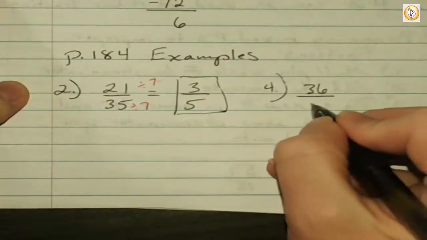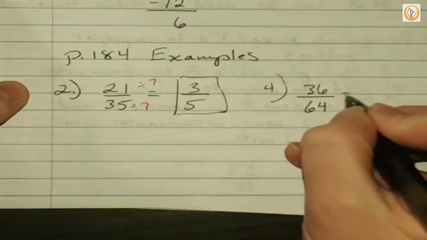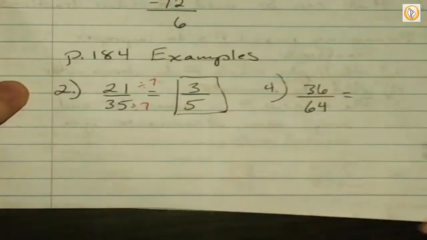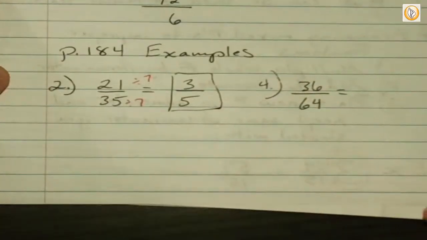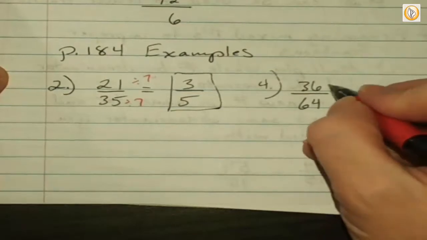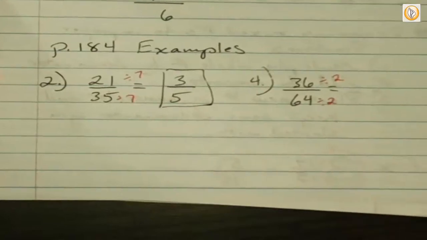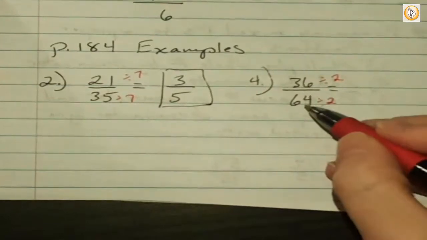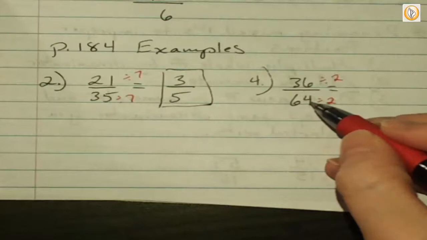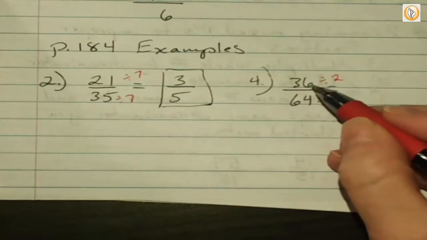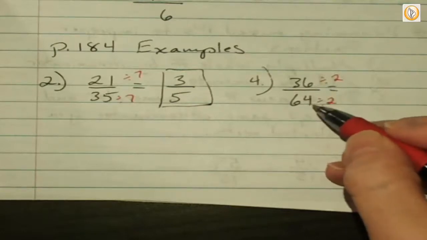36 over 64. Atalia, what number can go into 36 and 64? Can I do it to where it'll be a couple more steps though? That's fine. Okay, guys, if it's an even number, and I'm like, man, I don't know if there's a larger number that can go into 36 and 64.